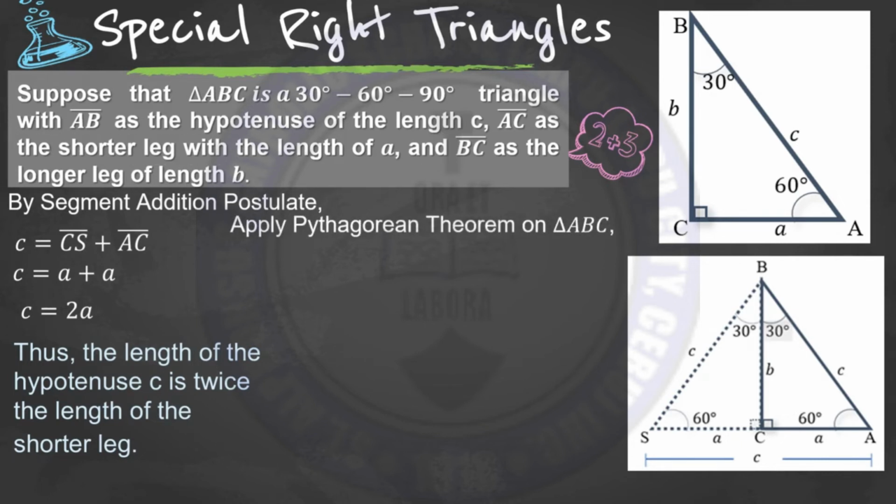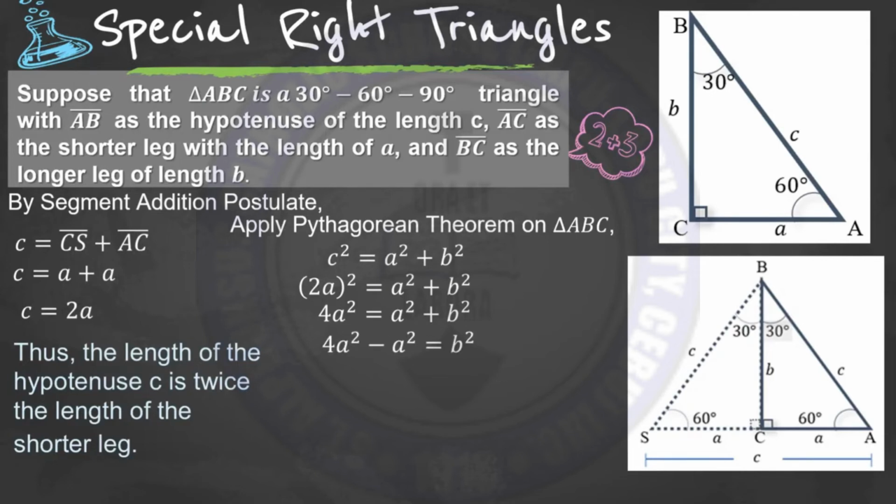Applying the Pythagorean theorem on triangle ABC, c squared is equal to a squared plus b squared. Since c is equal to 2a, you will have the quantity 2a squared is equal to a squared plus b squared. Simplifying this, you get 4a squared equals a squared plus b squared. 4a squared minus a squared is 3a squared.